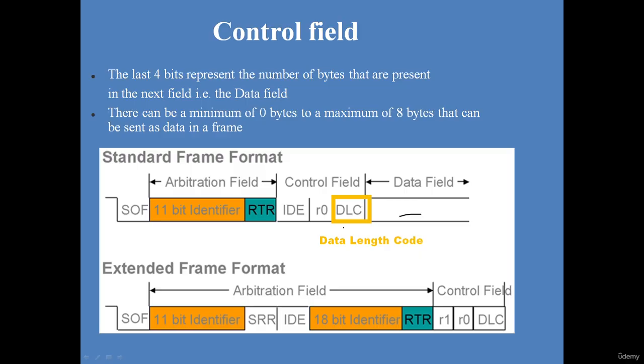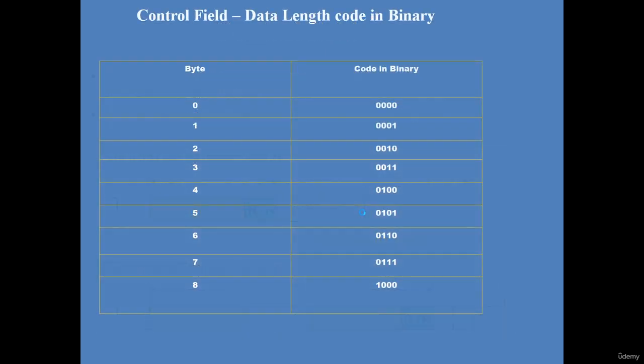Suppose you are sending 2 bytes here, 0 to 04, then this DLC would be 2. So this tells you the data length. So in the control field, DLC can be from 0 to 8. These are the different combinations that are possible for DLC.